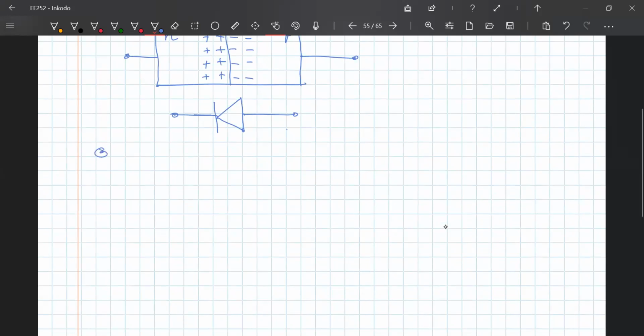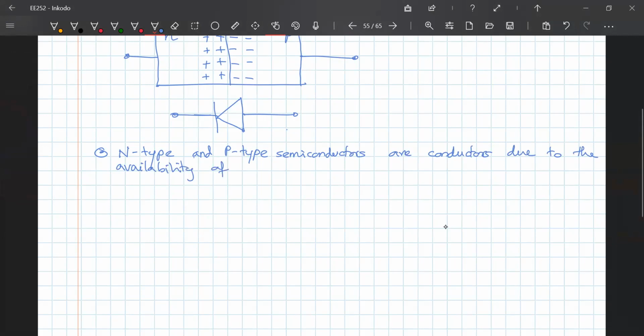So the same things that I mentioned, I will write down so that it serves as a note. N-type and P-type semiconductors are conductors due to the availability of charge carriers.